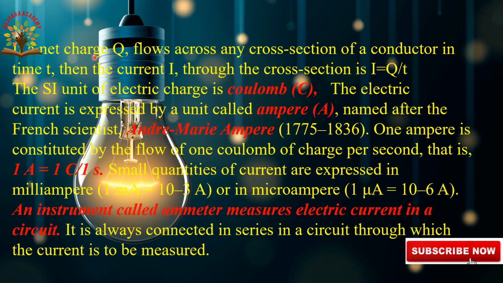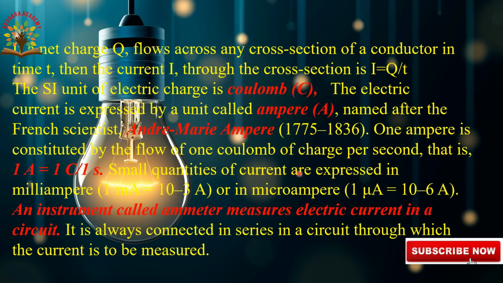In this we discussed what electric charge is, the unit of electric charge, and the mathematical formula for electric current, that is I = Q/t, where Q denotes the amount of charge and t denotes the time taken. The unit of electric charge is the coulomb. So 1 coulomb = 1 ampere x 1 second, or 1 ampere = 1 coulomb / 1 second.